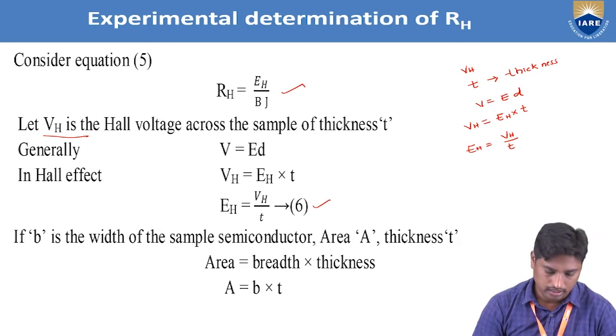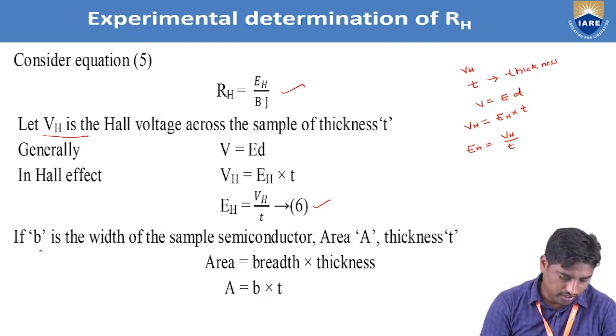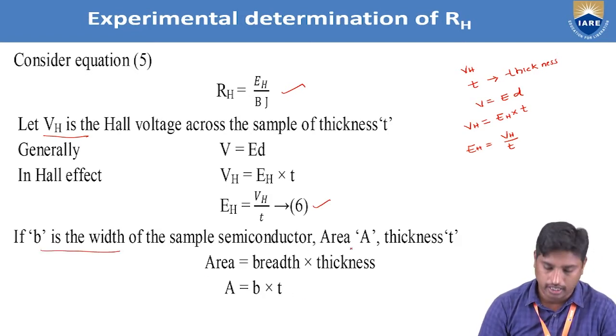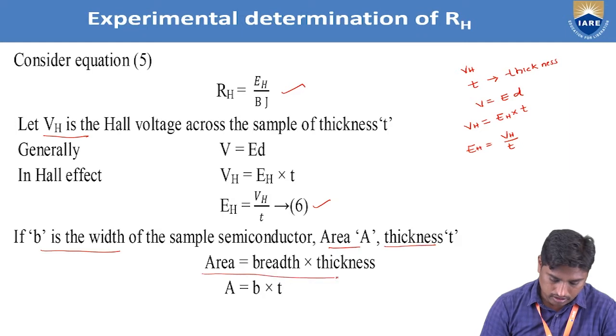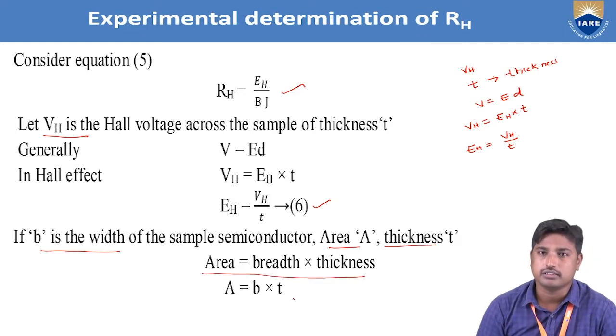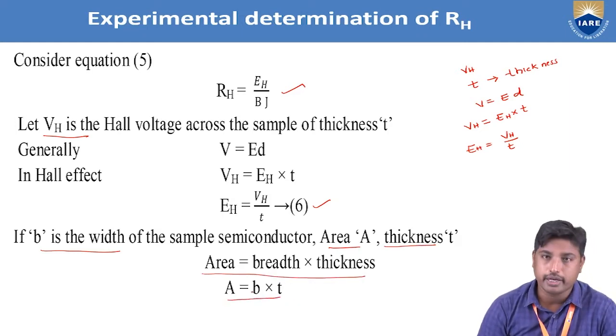Now take the area. If b is the width of the sample, A is the area and t is the thickness, then what is the relation between these three? Area equals breadth into thickness, so A equals b into t.